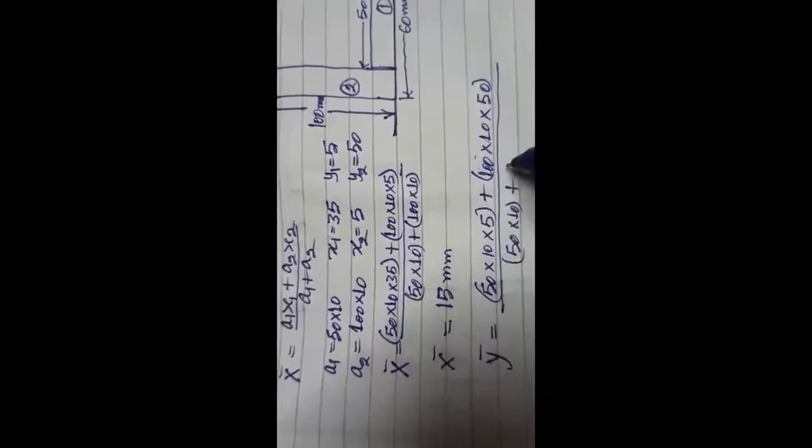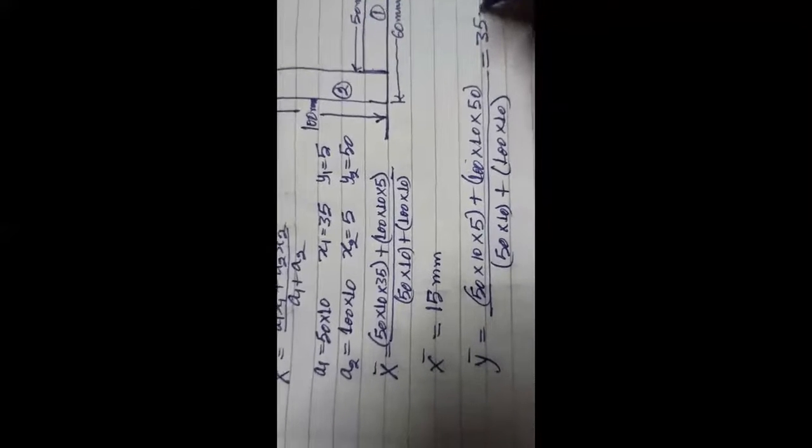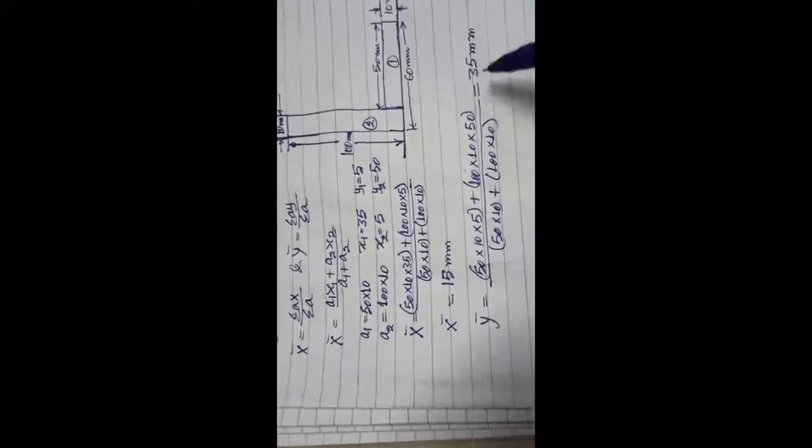So this is 100 into 10 into 50, divided by A1 plus A2. So this will come out 35 millimeter. So this X bar is 15 millimeter and Y bar is 35 millimeter.